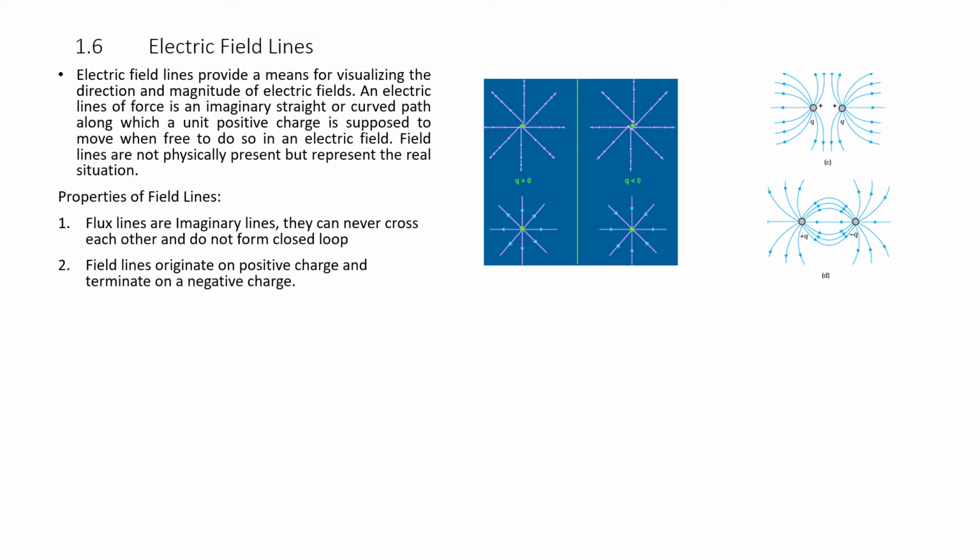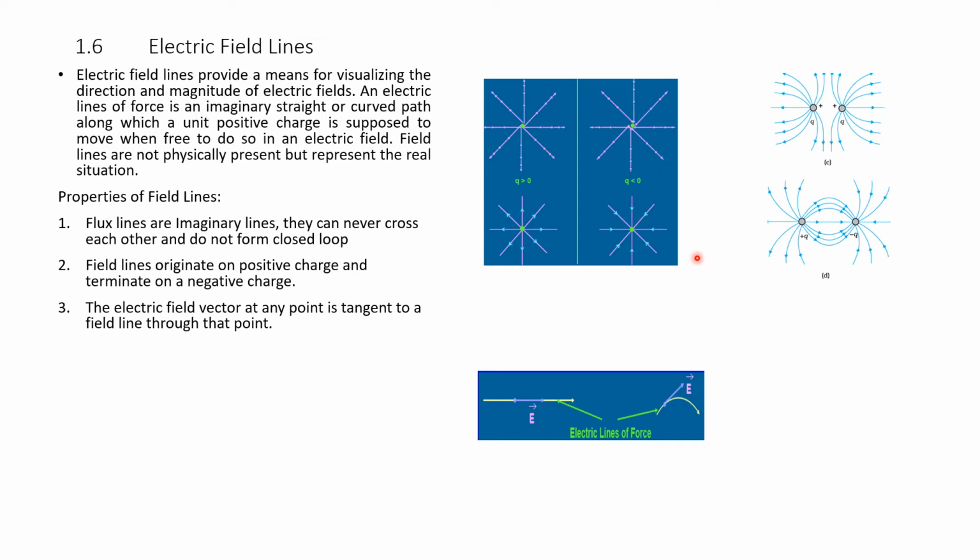You will see in this diagram the lines are originating from plus Q and terminating on minus Q. So these are the terminating fields and these are the original fields. In figure C, both are positive, plus Q and plus Q. Hence, the direction of arrows is outwards, as these are originating from positive charges.